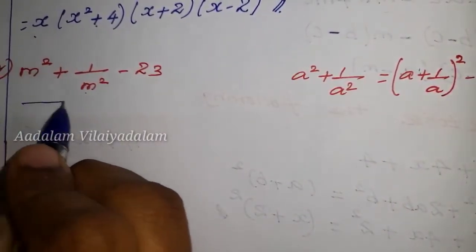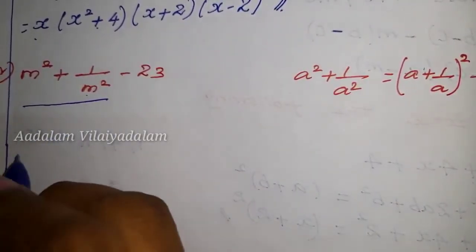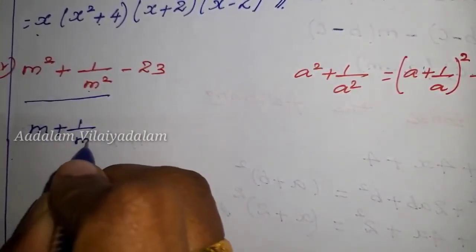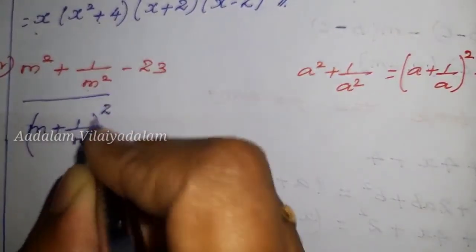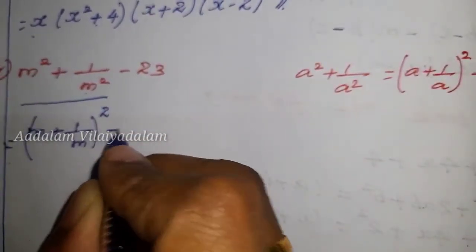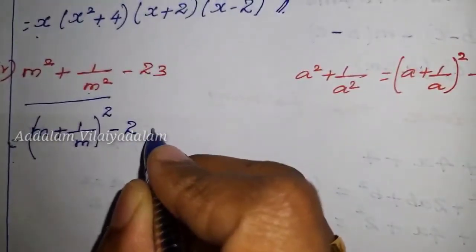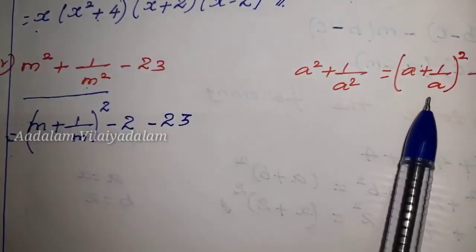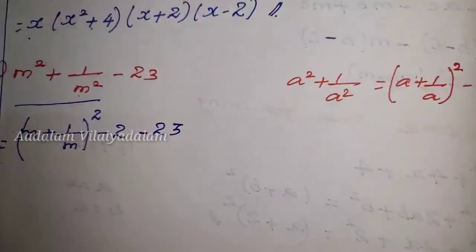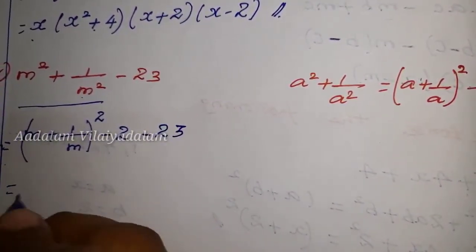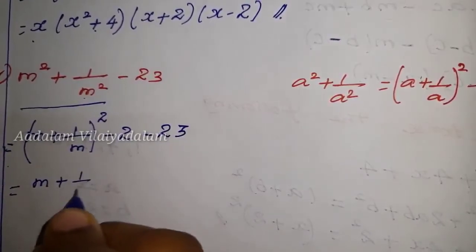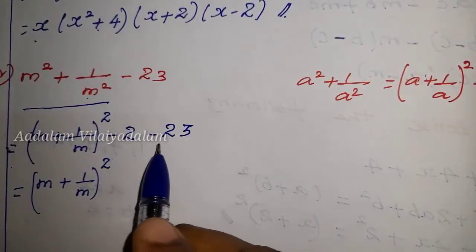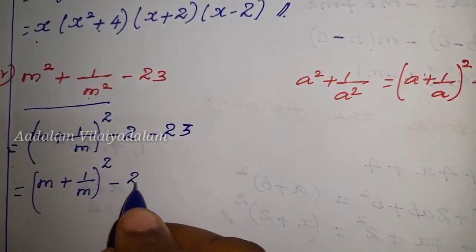So what is the formula here? m square plus 1 by m square is equal to m plus 1 by m the whole square minus 2. Already minus 23 is there, so write as it is minus 23. Now m plus 1 by m the whole square minus 2 minus 23, so minus 25.